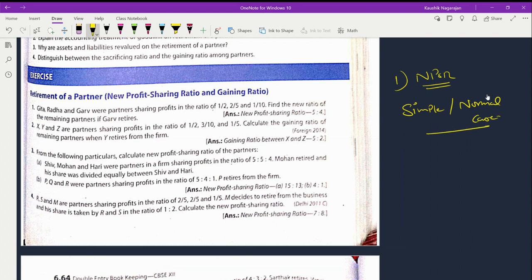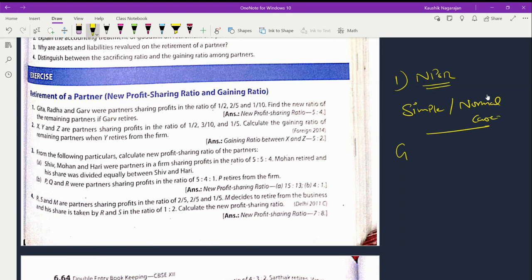Under this category, it will not be mentioned that after the retirement of a particular partner, in what proportion the continuing partners are going to share. In such situation, the old PSR will itself be the new NPSR. So here you would see there are three partners.